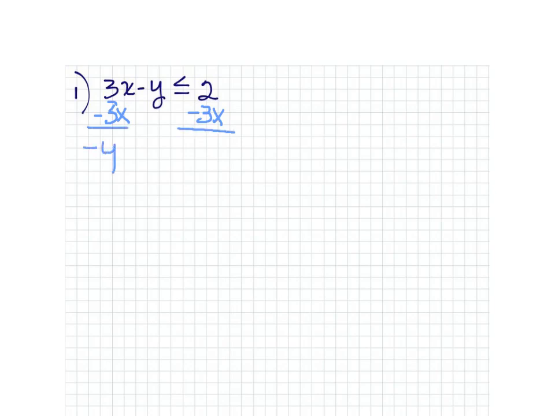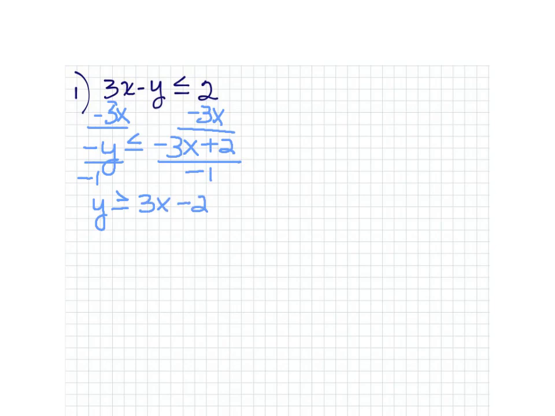So we have negative y is less than or equal to negative 3x plus 2. Then we'll divide both sides by negative 1. Let's recall, when we divide an inequality by a negative number, we have to flip the symbol. So y is now greater than or equal to positive 3x minus 2.